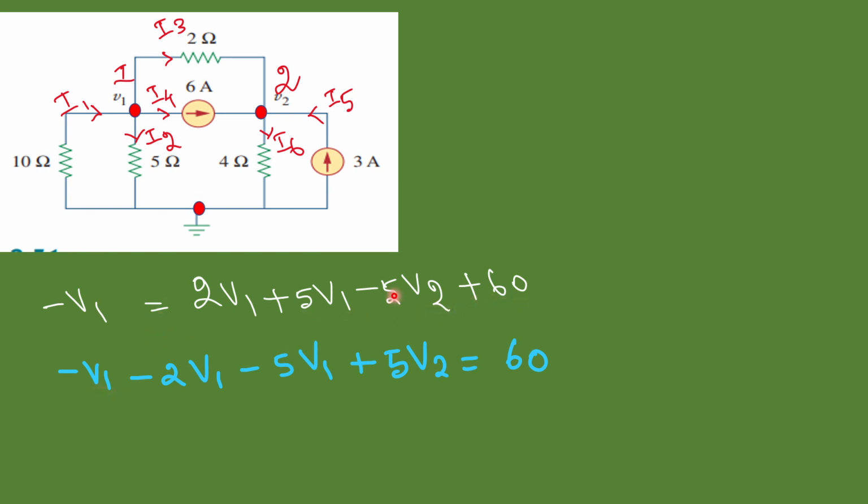Thus we are bringing all these voltages to the left side. So we get minus V1 minus 2V1 minus 5V1 plus 5V2 equal to 60. When you add these V1s together, we get minus 8V1 plus 5V2 equal to 60. This is our first equation.